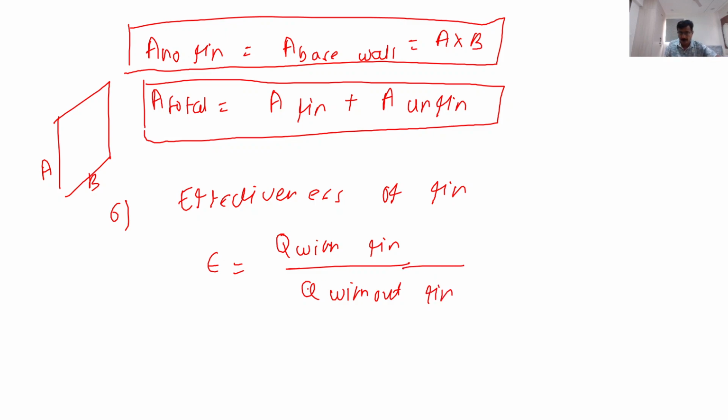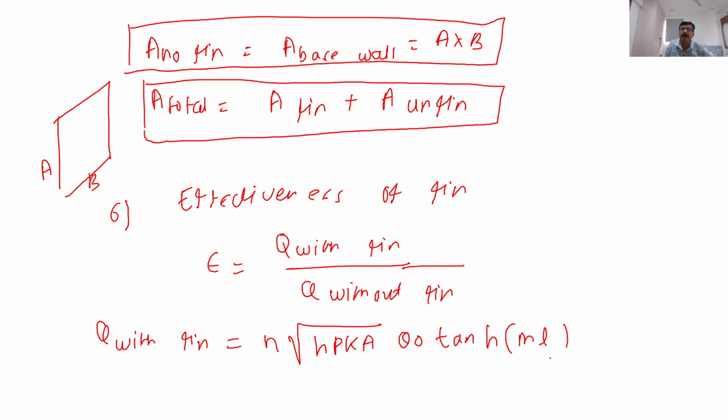Now, the question comes, what is heat transfer rate with fin and what is heat transfer rate without fin? So let's write the formula. Q with fin is equal to, this formula is already discussed, N under root HPK theta 0 tanh(mL). This is also equal to the actual heat transfer rate from the fin surface denoted by Q actual. So Q with fin and Q actual is the same.